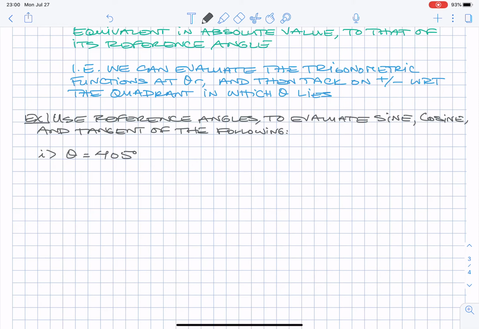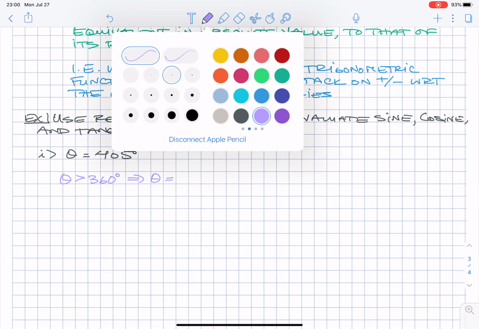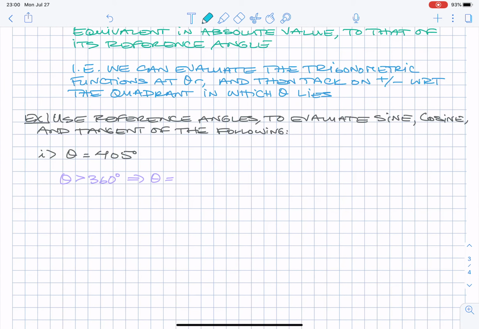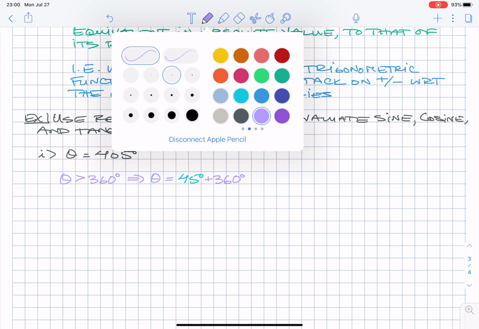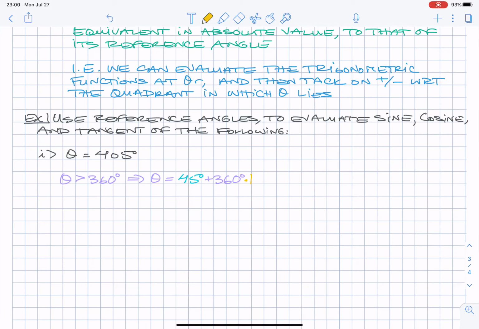Let's say we have that theta is 405 degrees. Okay, so let's go ahead and look at theta like we did above. Well, I claim that 405 is larger than 360. So I can write theta as some reference angle phi plus 360. What is the difference, 405 to 360? Well, that's 45 degrees. So 45 plus 360 degrees times 1, right? It's 1 revolution farther.